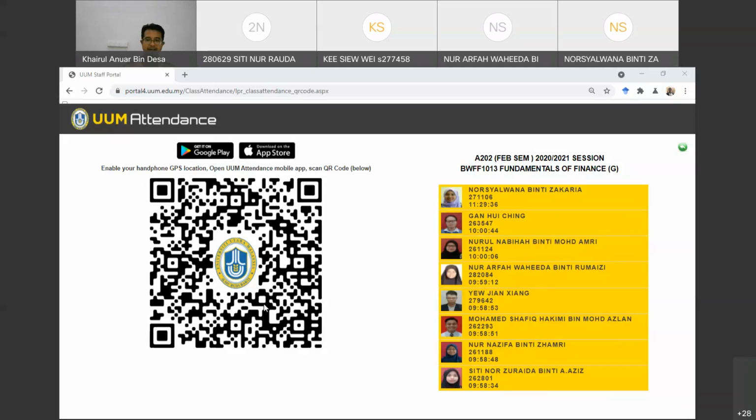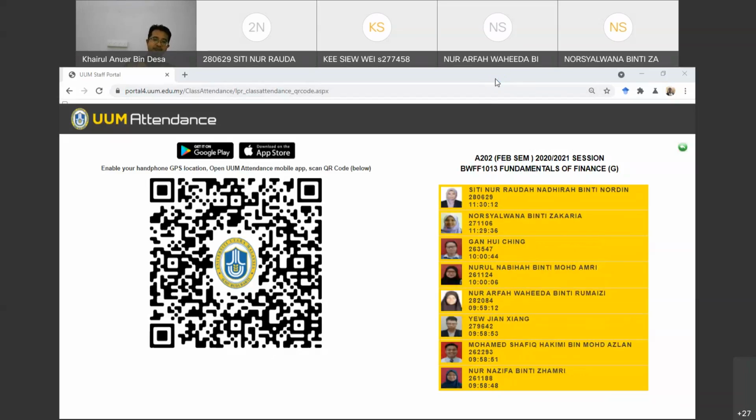Assalamualaikum sir. Saya nak tanya untuk assignment individu dengan group project, tarikh yang sama ke hantar 17 Jun? 17 Jun. Okay. 2 minggu lagi. Satu lagi, saya terlepas kuis yang ketiga.